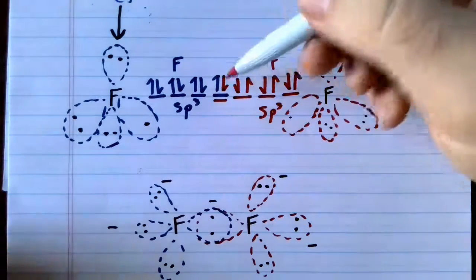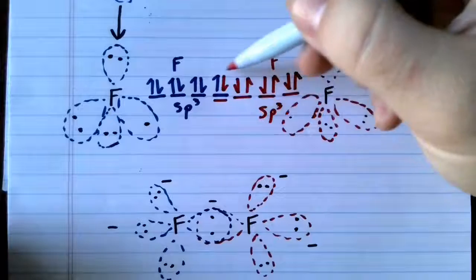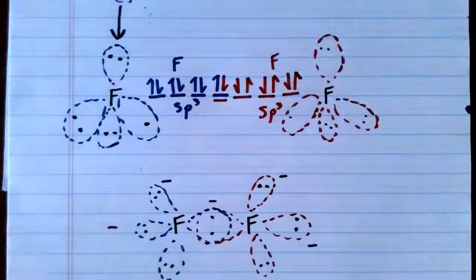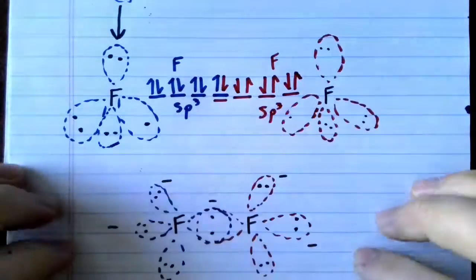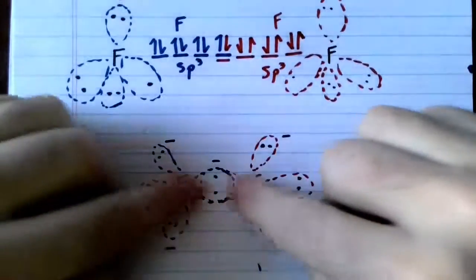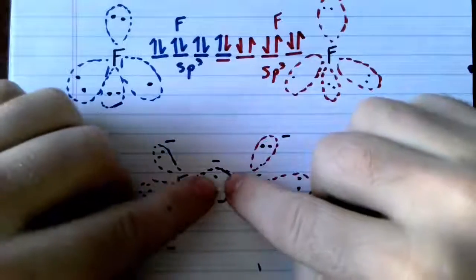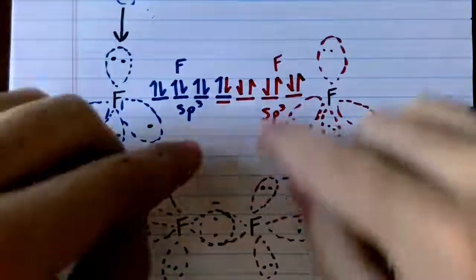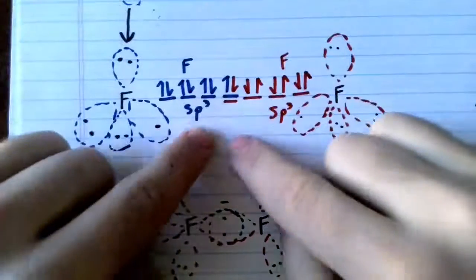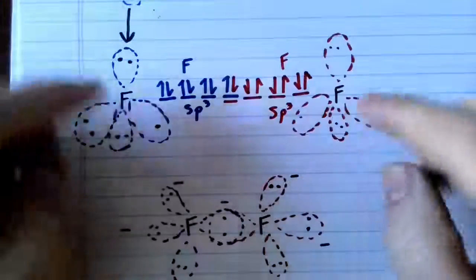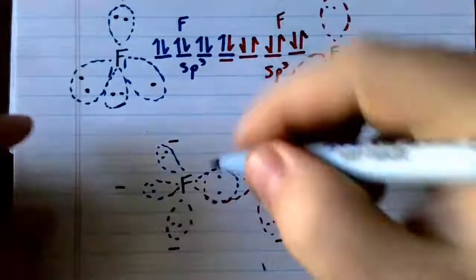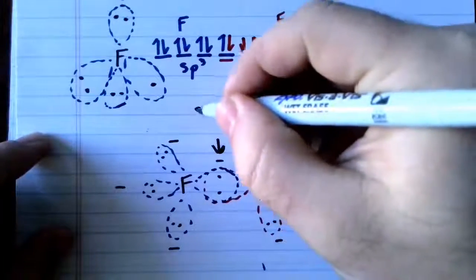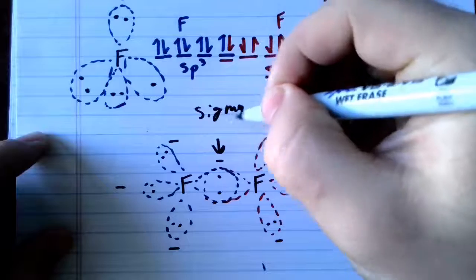And so now one of these clouds of electrons has overlapped. And so when I have just one of these overlapping, it's going to form a sigma bond. So this bond right here, this overlapping of either an s orbital or an sp3 hybridized orbital, is going to be a sigma bond. So this right here, sigma.